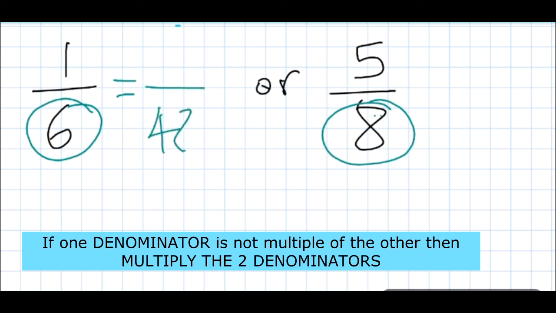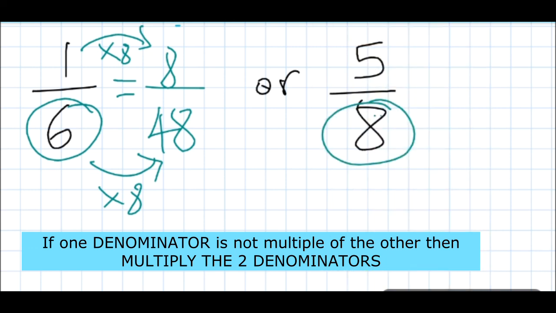So let's do the one on the left first. 6 times 8, okay, here, times 8 to get 48. So on the top, you do the same thing, times 8 to get 8 over 48. And then on the right side, it's 8 times 6 to give you that 48.